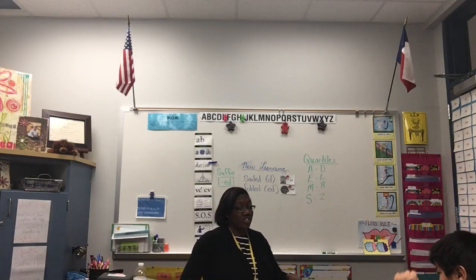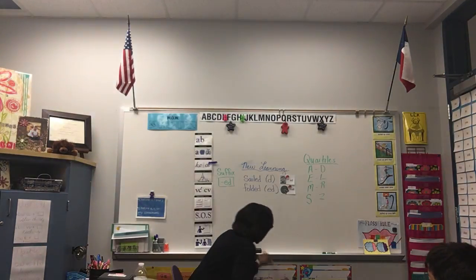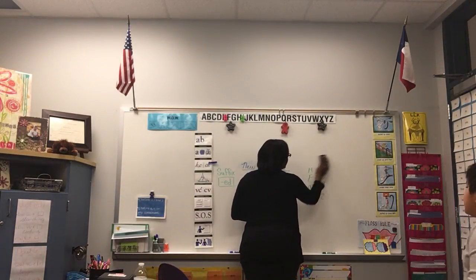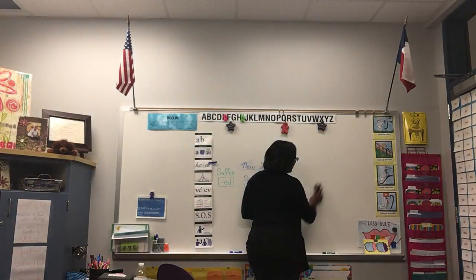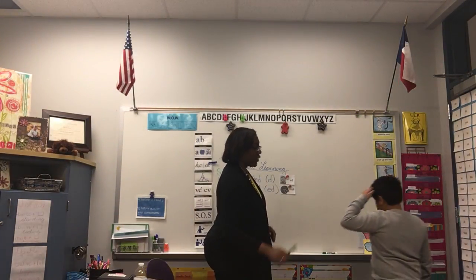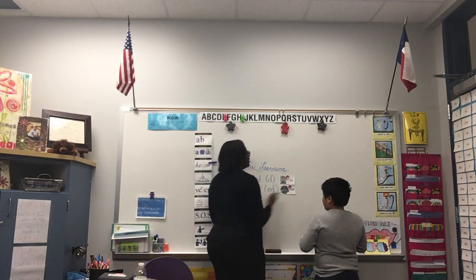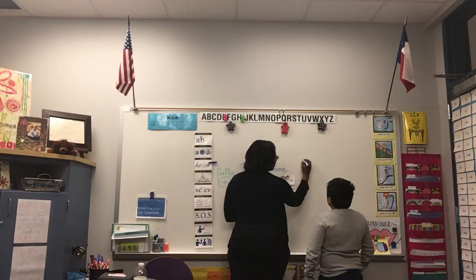I'm going to let you choose today. You can write on the board or you can write on a piece of paper. Write on the board. All right. We're going to erase this. You can come up. Start at the top and write going down. And can you reach right here?